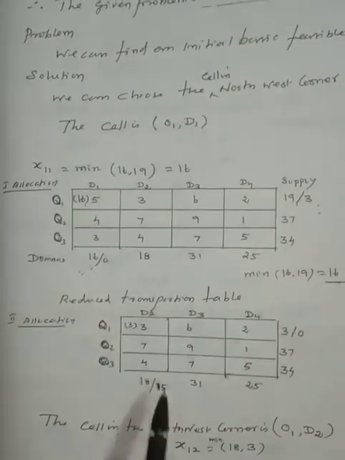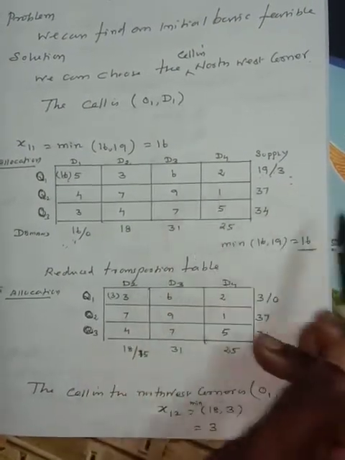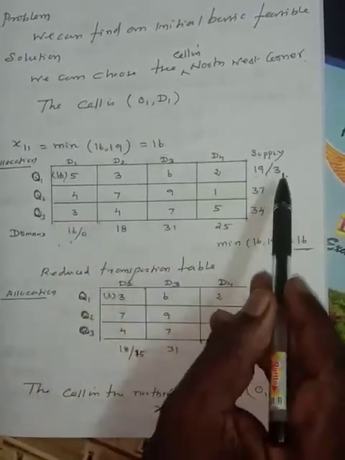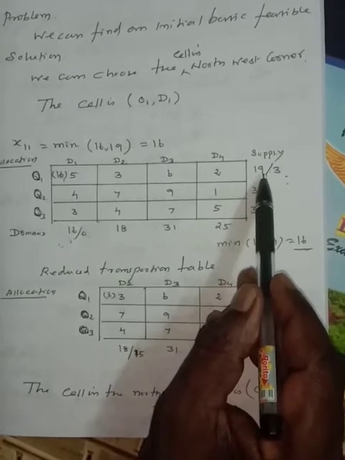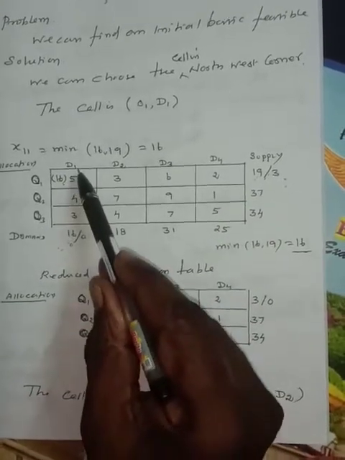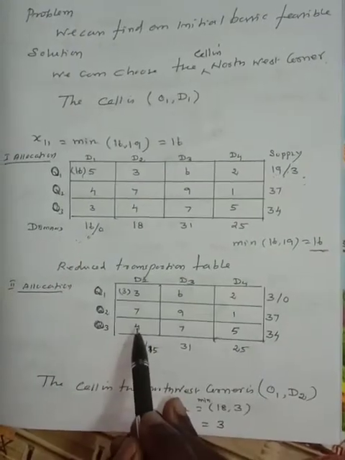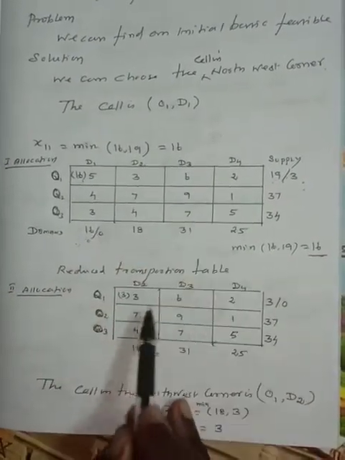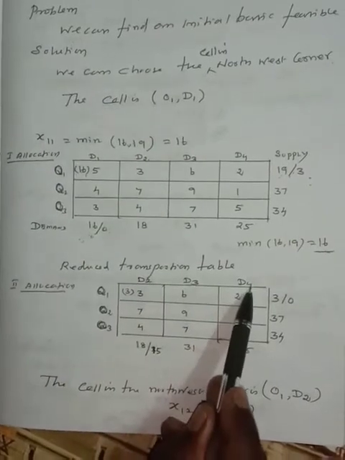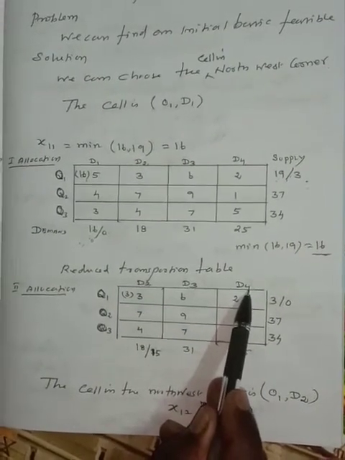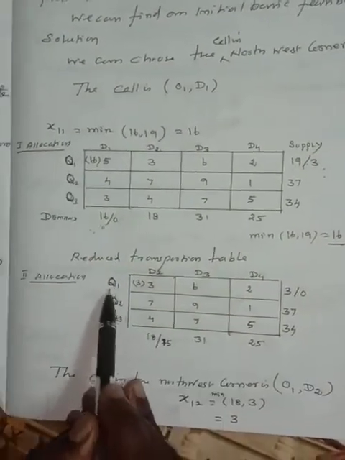Next, the reduced transportation table. The first column demand is 0, so delete the first column. The remaining columns are D2, D3, D4, with rows O1, O2, O3.